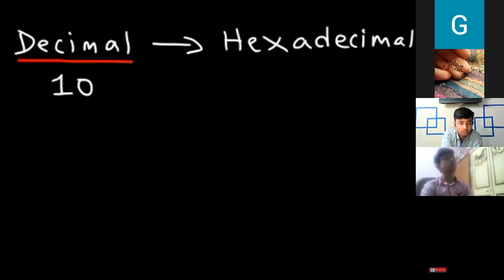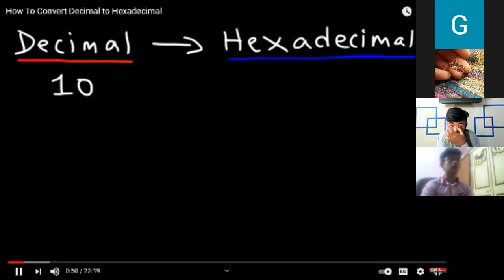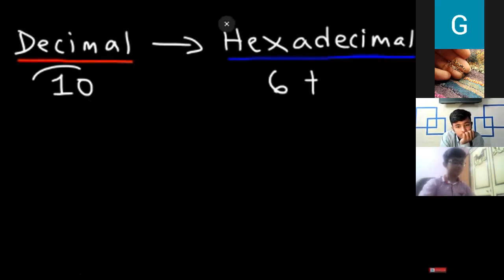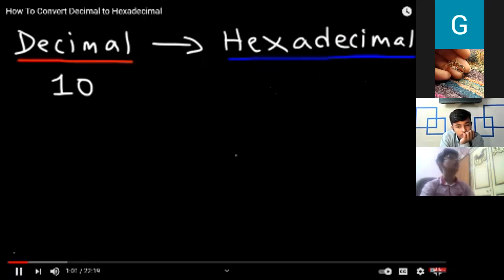Now what about the hexadecimal system? Notice that it's composed of two words, hexa and decimal. Hexa corresponds to 6. Decimal corresponds to 10. And so if we add 6 and 10, this will give us 16.